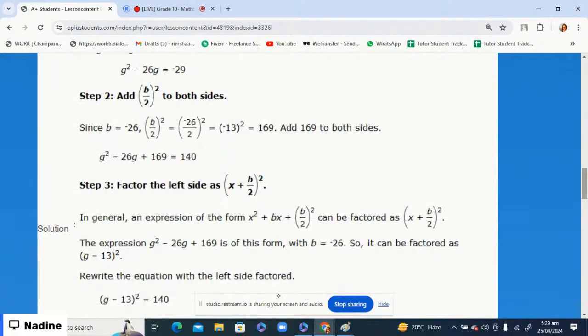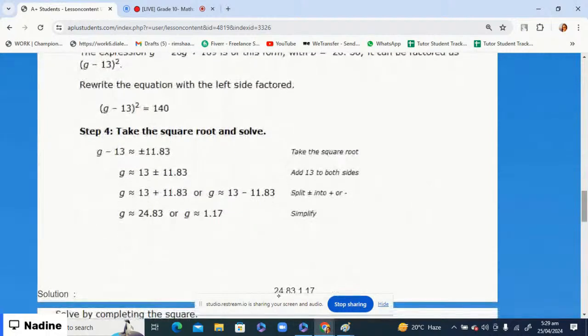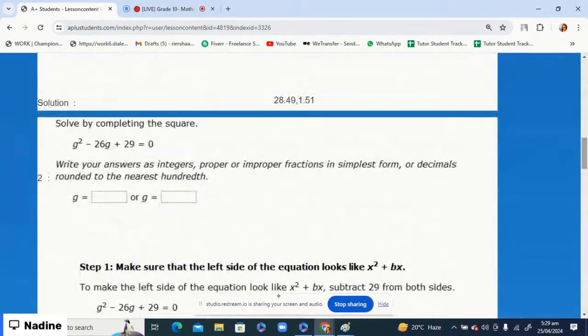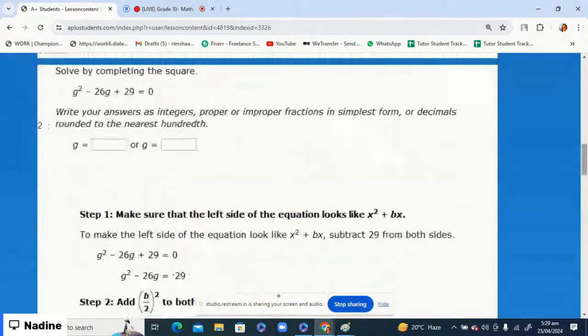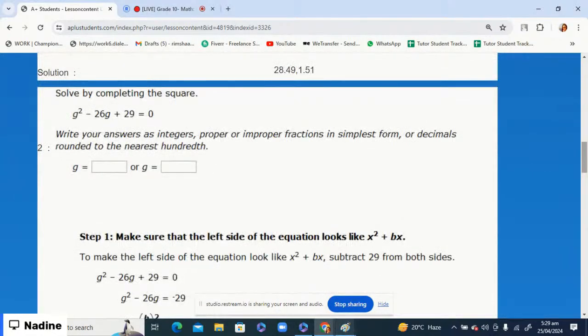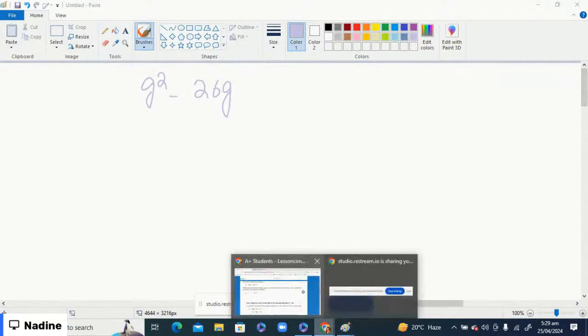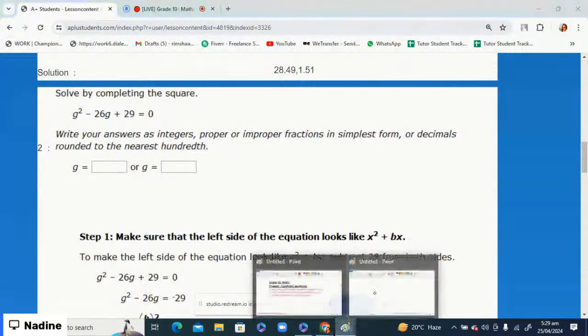We make it x square plus bx, then just b by 2 whole square, adding both sides, then making the formula, and then taking the square root. Okay, let's write the question: g square minus 26g plus 29.